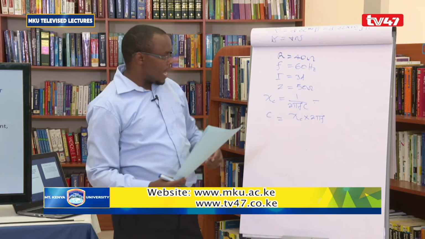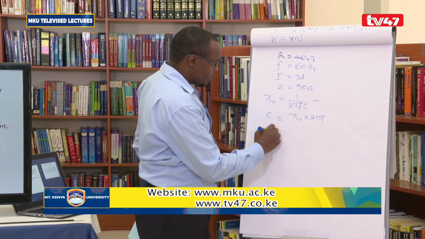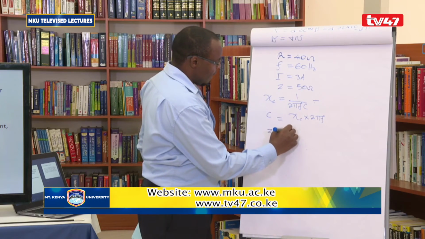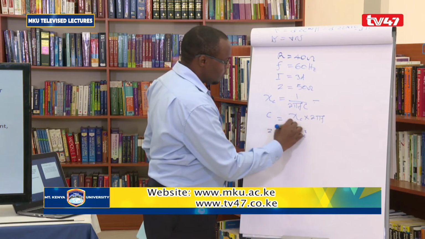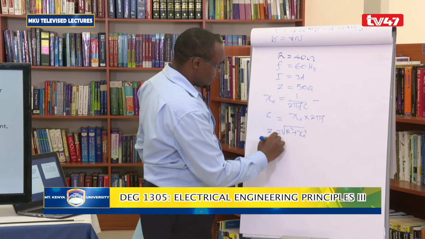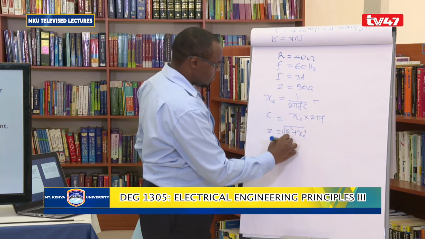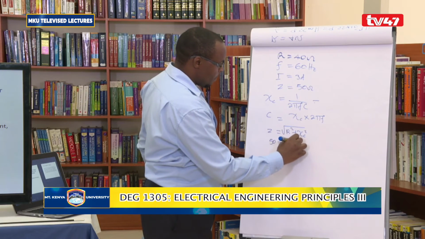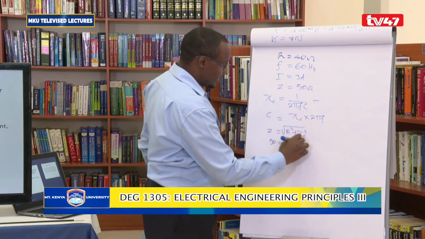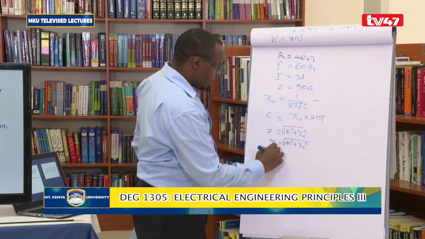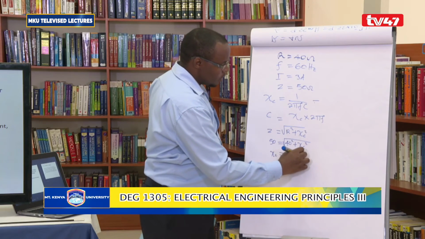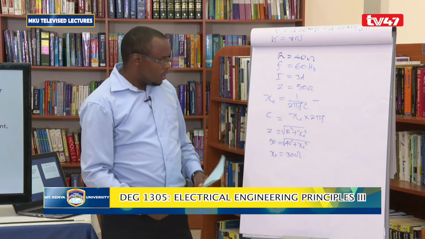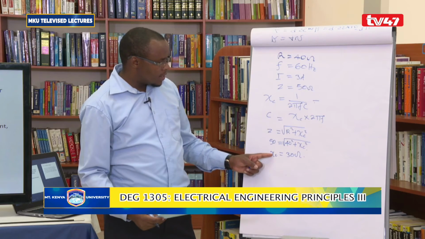From the impedance triangle, Z is going to be given by the square root of R squared plus XC squared, and therefore we have got 50 equals the square root of 40 squared plus reactance XC squared. Of course, XC is going to be given by 30 ohms. So now we have got XC is 30 ohms.